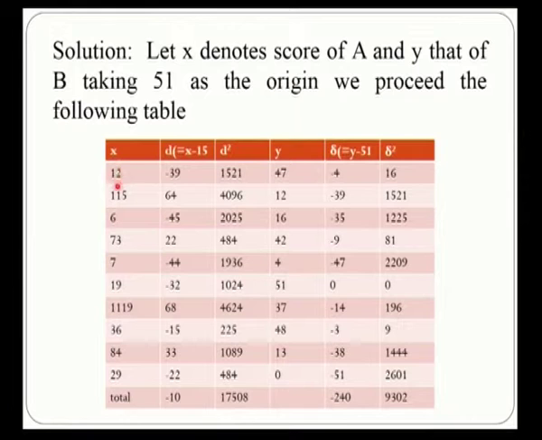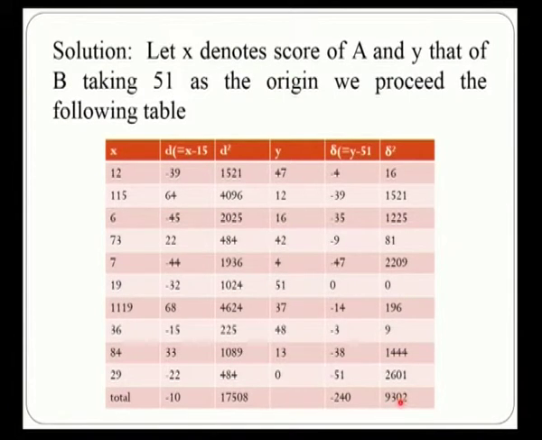For batsman A, x is the score of batsman A, D is the deviation for batsman A, and D square is this component squared. Then y is the score of batsman B, delta is the deviation of batsman B, and delta square. Then this gives the sum of D square for batsman A, and this gives the sum of delta square for batsman B. Using this table, we can calculate the standard deviation and variance.